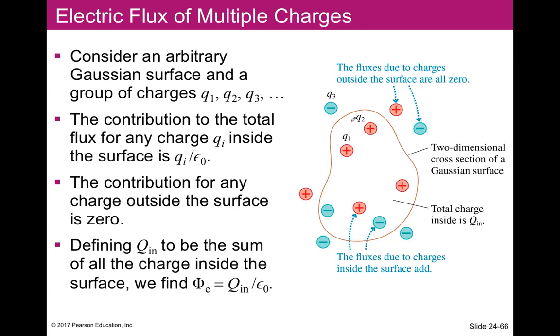And the net electric flux depends on the net charge you have. For example, if you have one positive charge and one negative charge with the same magnitude, they will cancel each other. So the net flux will be 0.